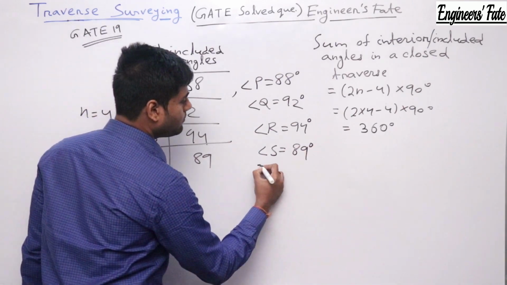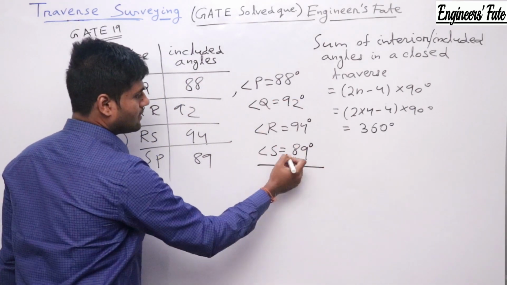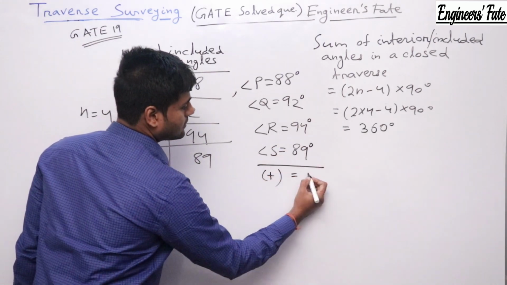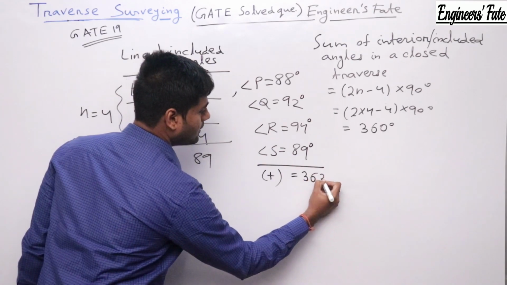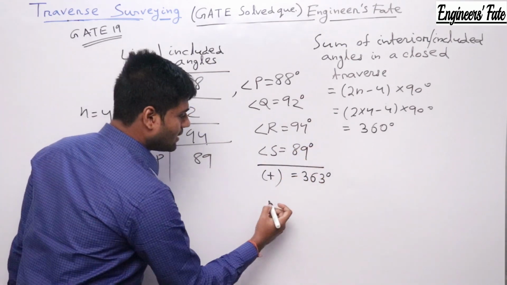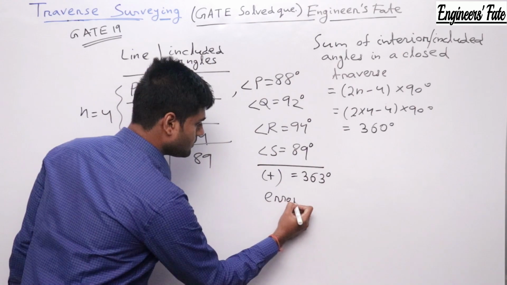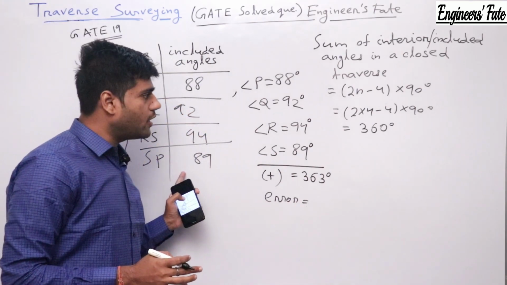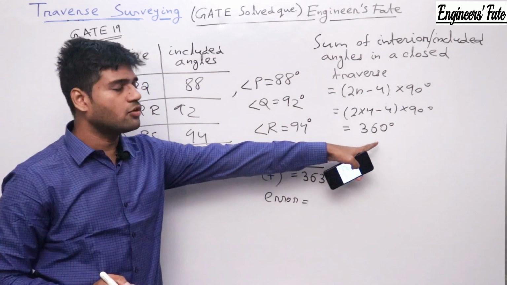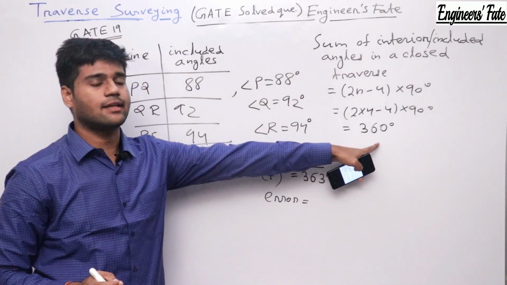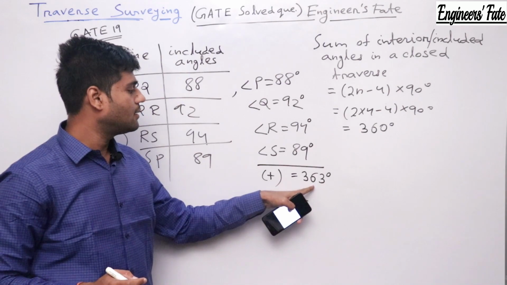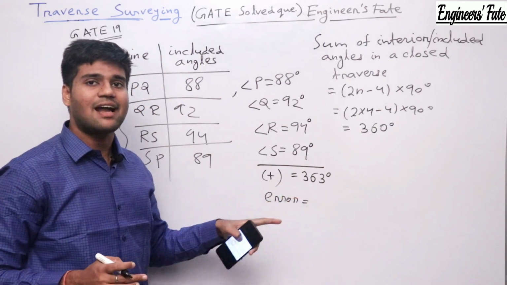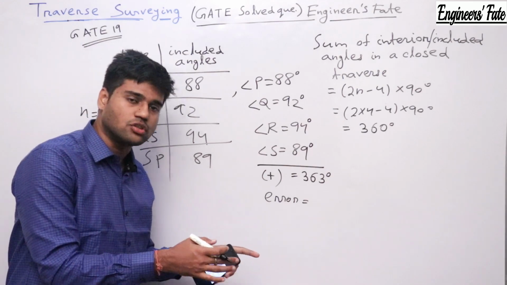If you sum these angles, you will get 363 degree. So for this traverse to have no error, the sum of included angles should be 360 degrees, but I am having the sum of included angles equal to 363 degree. That's why I am having a closing error.